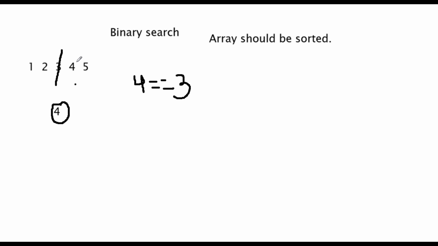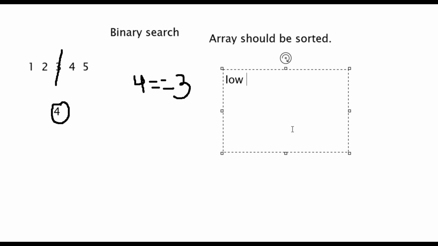Please make a note, there are 3 main variables here. Low equals 0, high equals n minus 1, and the mid value is the sum of those two variables whole divided by 2.